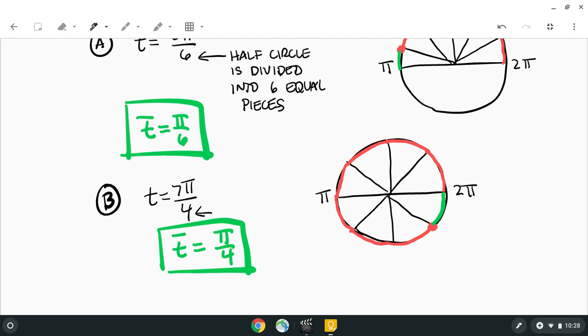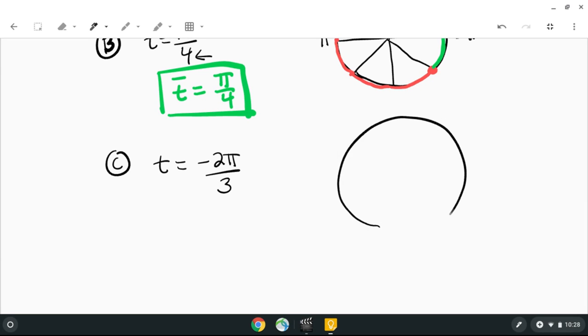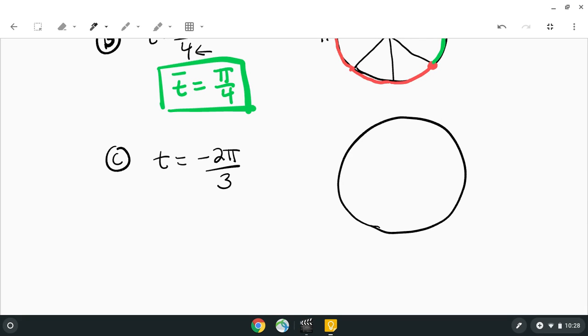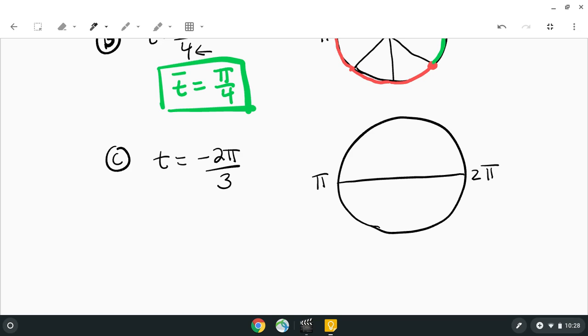Okay, so let's go ahead and try another one. Suppose that I have t equals negative 2 pi over 3. So now we're going to go the other direction. Okay, so draw my circle. Halfway is pi, and full circle is 2 pi. Okay, all right, so I'm going in the opposite direction. So I'm going clockwise.